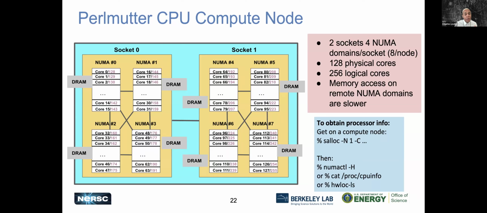So what you see here are different NUMA sockets and cores that are available. And each node is going to have 8 sockets available. Basically, that breaks down into 128 physical cores that users are able to access, as well as 256 different logical cores that you can access.